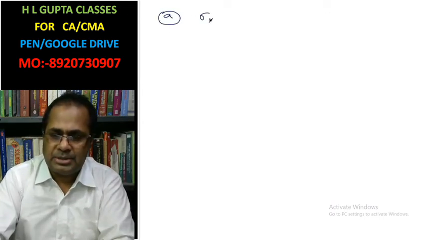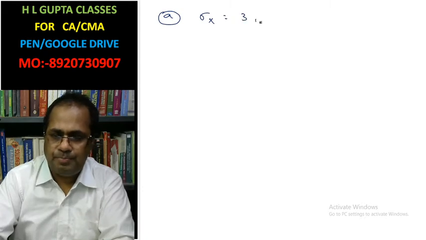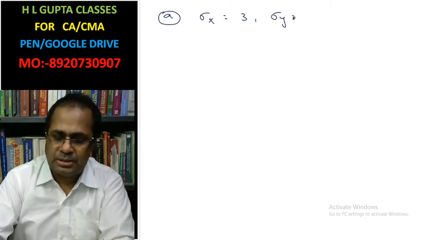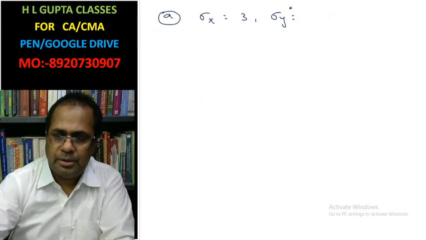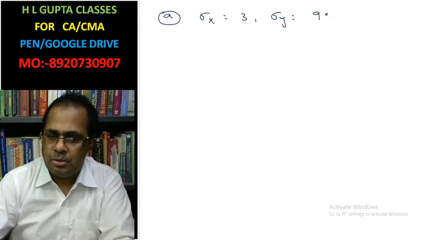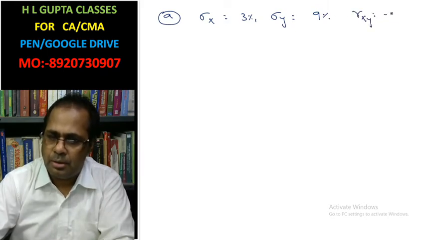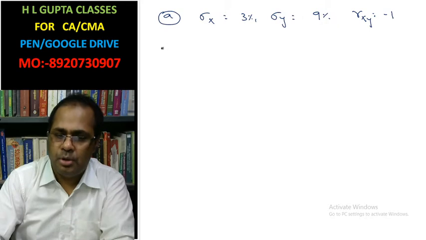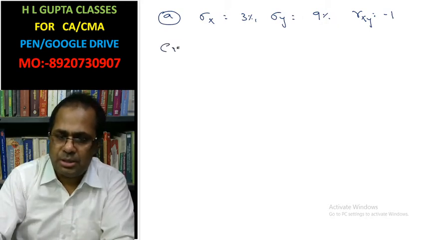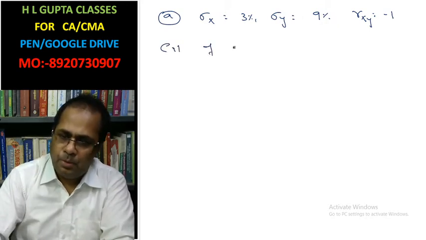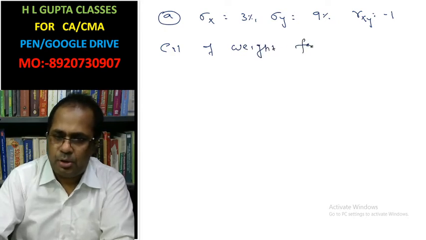Now, the standard deviation of X equals 3%, the standard deviation of Y equals 9%, and the coefficient of correlation XY is -1. Now, calculation of weight for minimum risk.